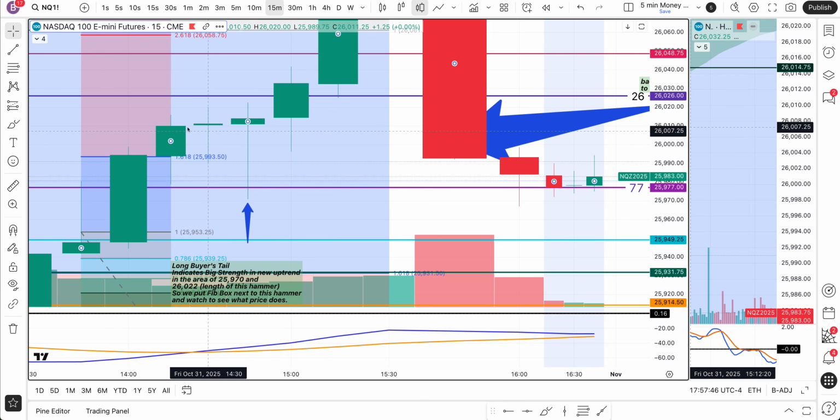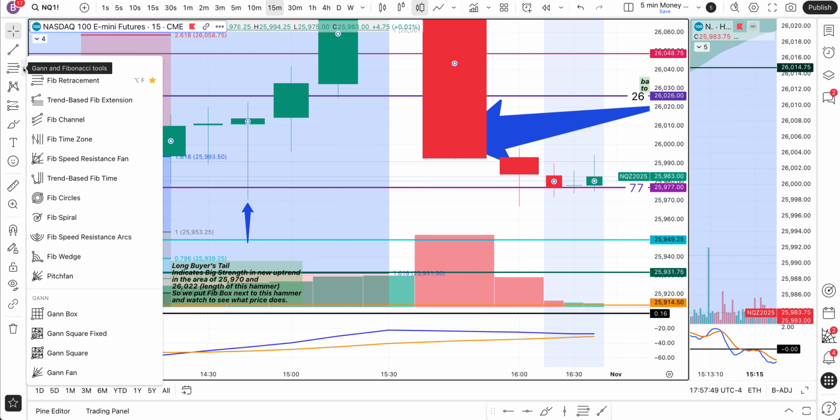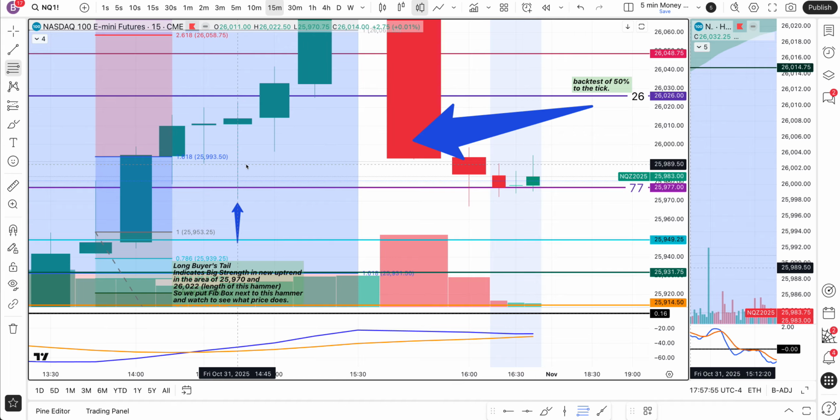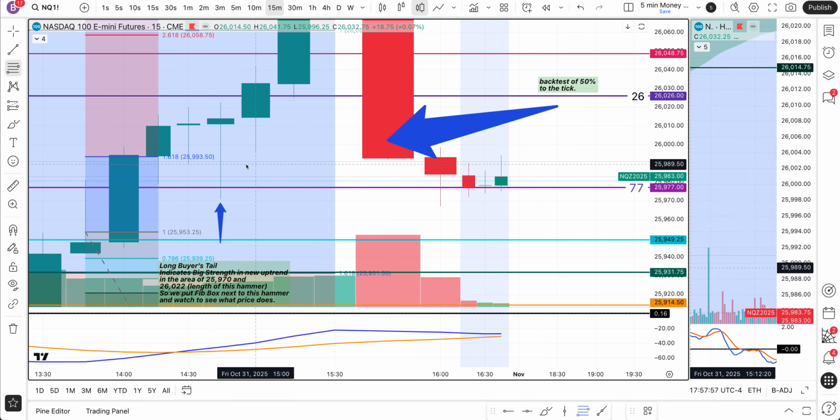Now, in order to make the Fibonacci a little bit easier to work with, there's something that you can do. Let's say, again, you see this candle, you think it's interesting, and you're wondering in your mind, I wonder if people are going to rush in to buy that when that candle is discounted by 50%.